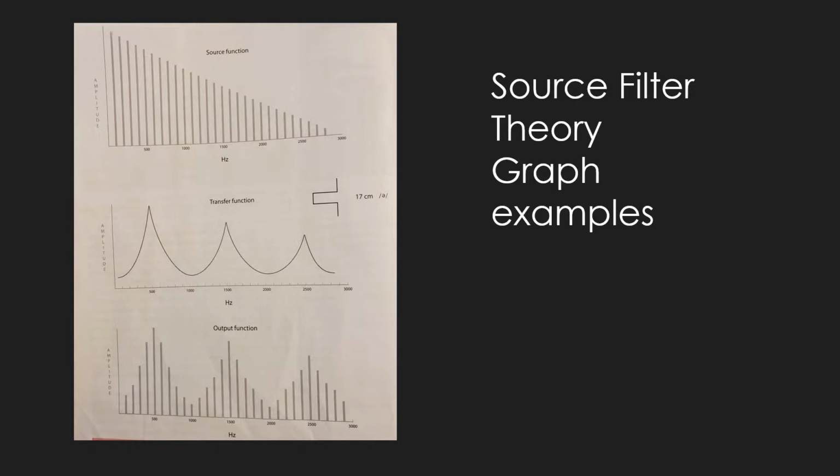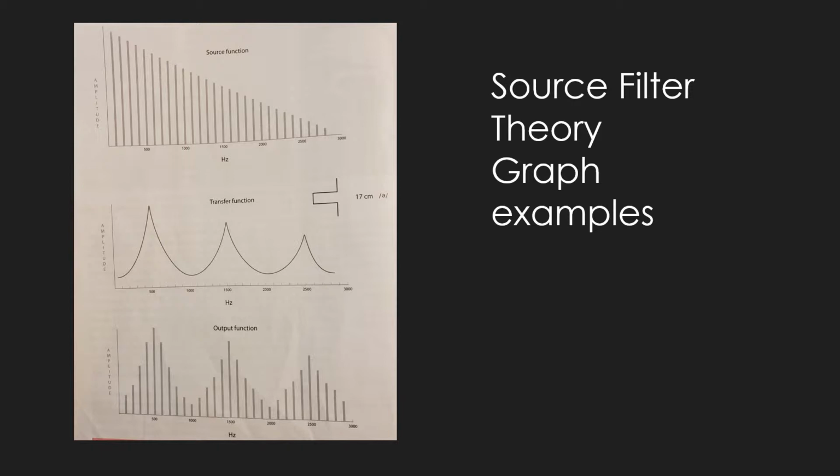So this is the picture out of our book for the source filter theory. The top graph is the source function, and you can see that the amplitude attenuates over time, and I think it's 12 decibels per octave.